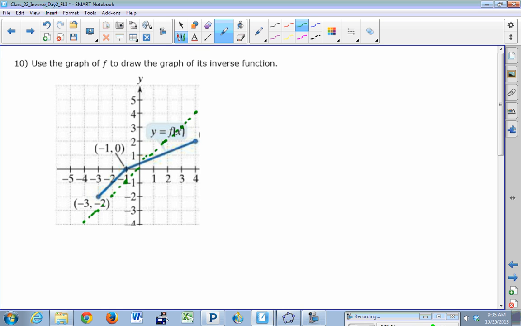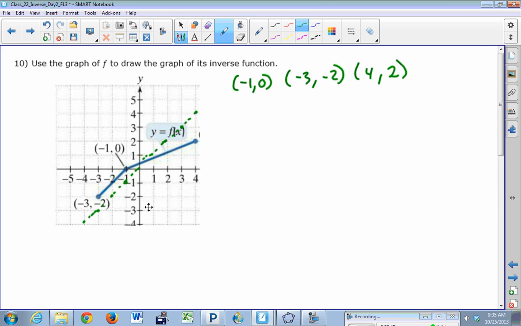Okay, so this is a piecewise function. Then you identify a couple of nice points on your original function, and I've done a few of those for you right now. We have -1, 0. We have -3, -2, and we have 4, 2. You might want to put a few more in if you can find them.